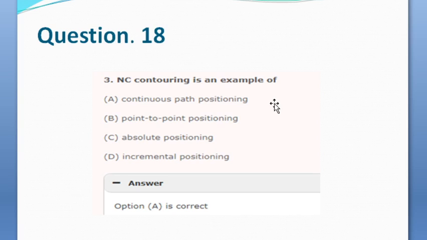For continuous control of two axes simultaneously, for profile cuts, circular or taper turning operations, we are continuously monitoring both axes. A straight cut or contour path can be used. So option A is the correct answer, continuous path positioning.